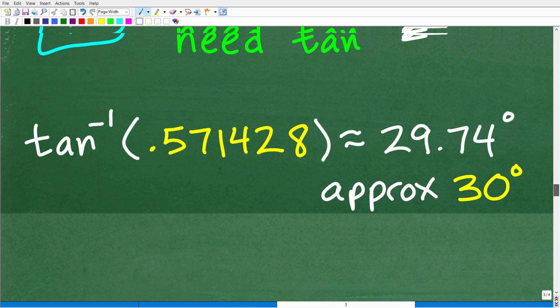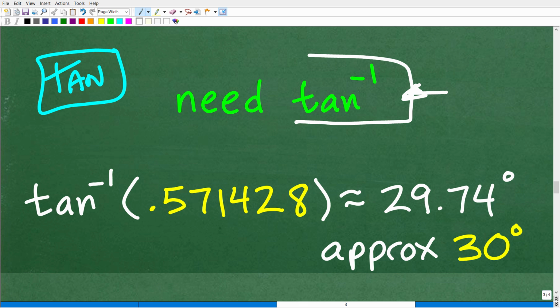So what this arc tangent function will do: you hit the second key, then this key, and it's going to say, all right, type in some information. This button is basically going to give you the angle that has this tangent. So if you say, hey Mr. Calculator, what angle has a tangent of 0.571428?